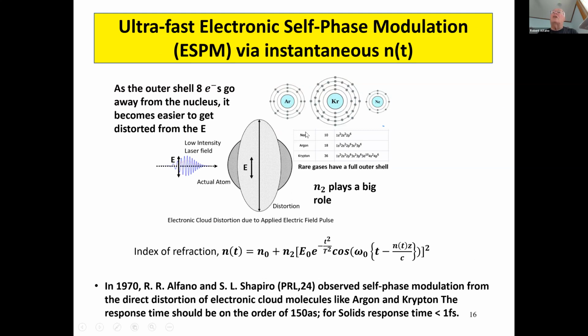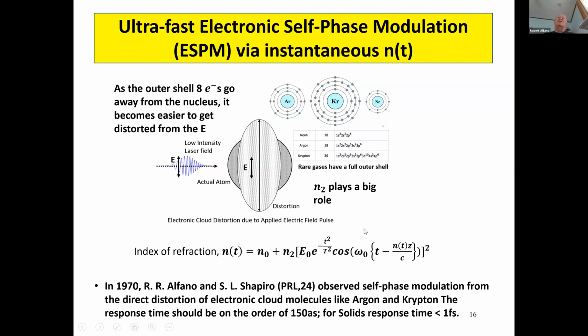The fast underlying mechanism has to do with electrons in various materials. If you have rare gases, the only mechanism you have is a ball of charge, which is argon, krypton, neon, and xenon. You put in the electric field, the ball of charge becomes an egg, and that essentially gives rise to N2, and that gives rise to the instantaneous index of refraction.